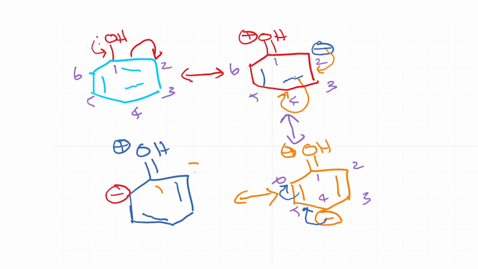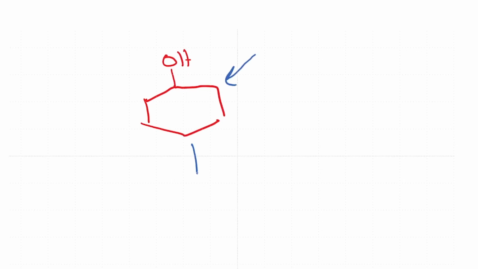Okay, so if you see the structures, in the resonance forms the negative charge is localized in positions 2, 4, and 6. So here with the phenol, the negative charges are here, here, and here, as per the resonance forms.